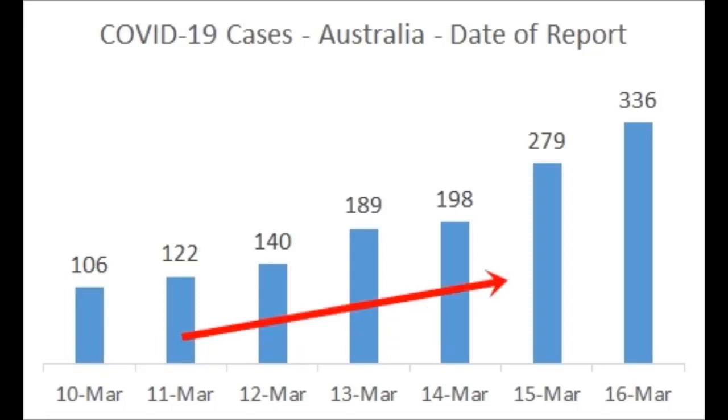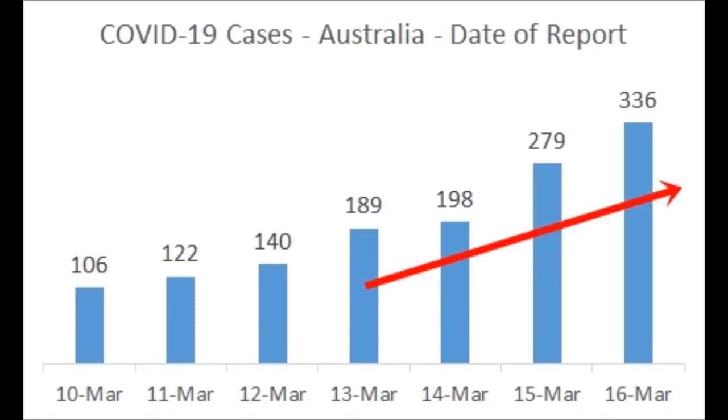And then from the 11th of March to the 15th of March, we've gone from 122 to 279, so that's more than doubling. From the 12th of March through to the 16th of March, we have more than doubled. In fact, we've really met the doubling at the 3-day mark.